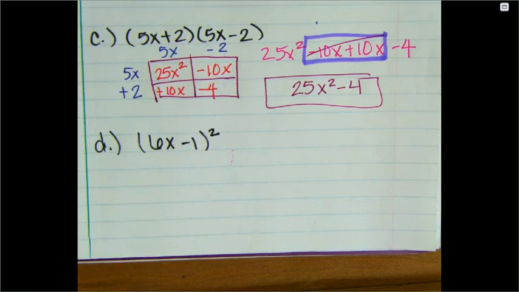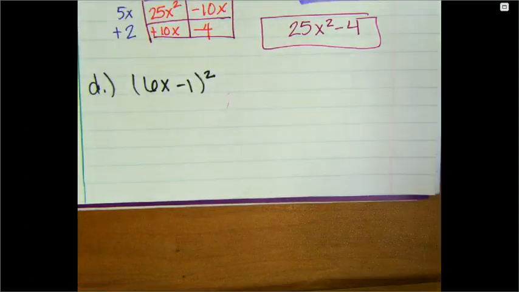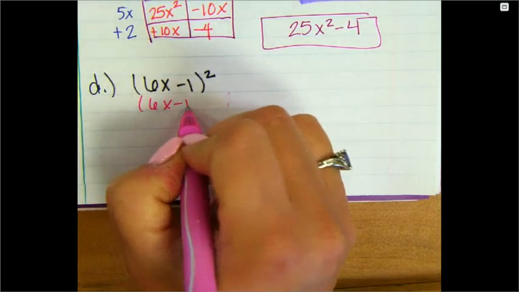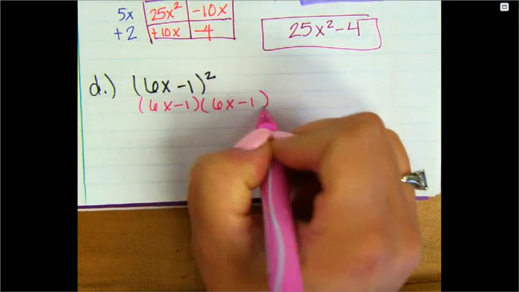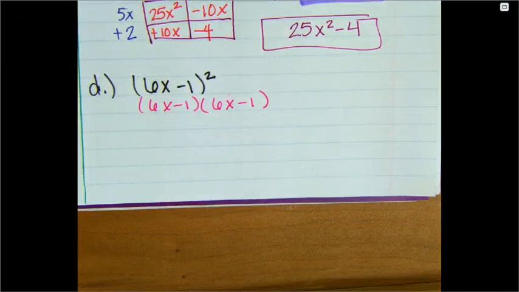What does it mean to be 6x minus 1 squared? Write it twice. So we're going to have 6x minus 1 and a 6x minus 1. Now can you multiply? Yeah, sure.